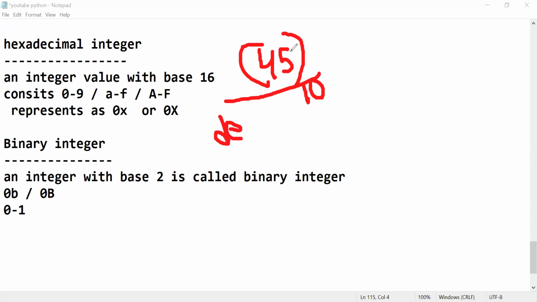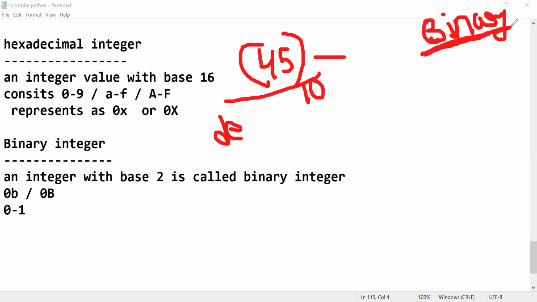Now let's convert this decimal integer into binary integer, guys. First of all, we have to know what is the destination we have to convert. We are converting from decimal to binary.